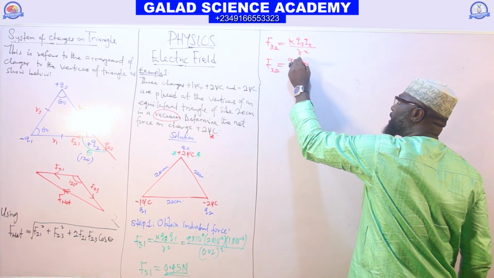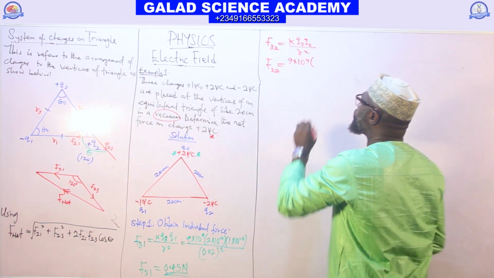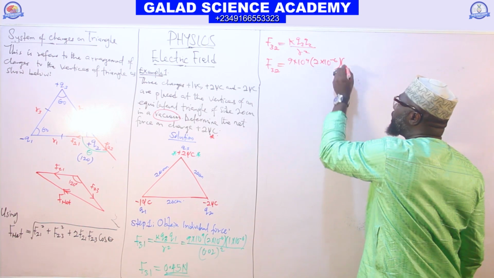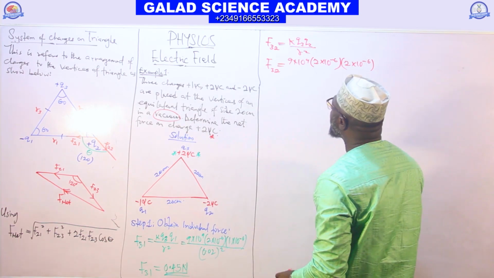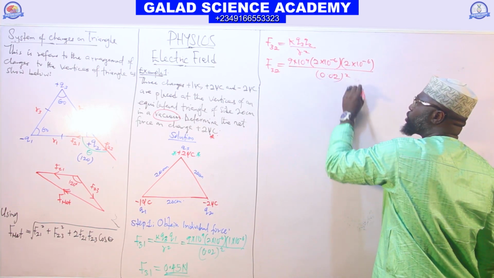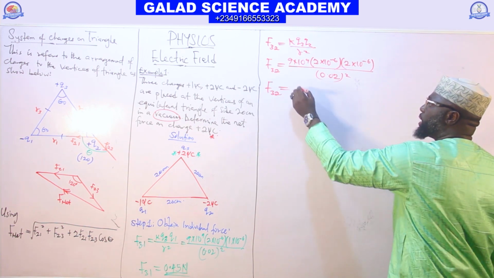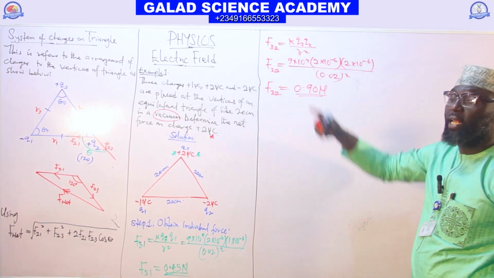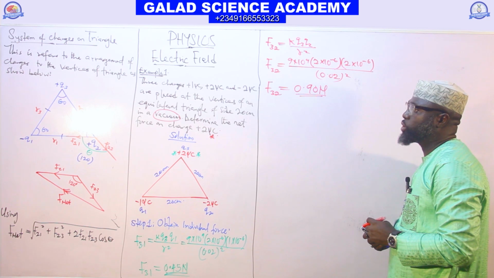We have K, 9 times 10 raised to the power 9, into Q3, which is 2 times 10 raised to the power minus 6, and Q2, which is 2 times 10 raised to the power minus 6, everything over 0.02 squared. F32 will be equal to 0.09 Newton. Yes, 4 times 9 gives 36 divided by 0.4.